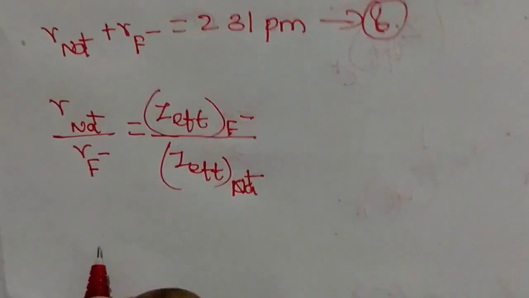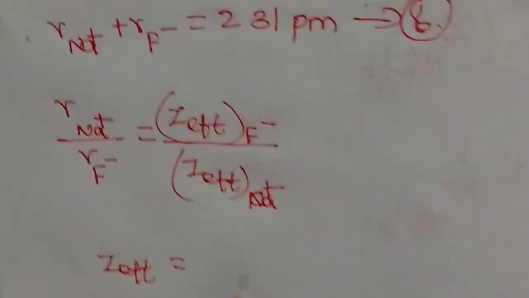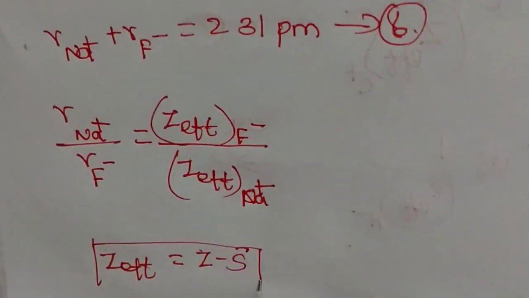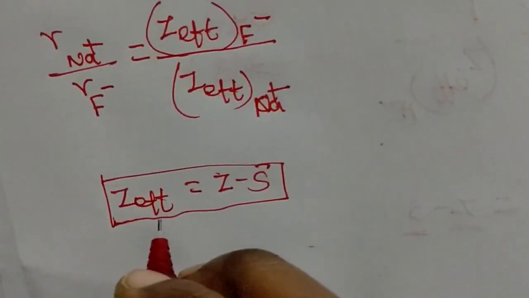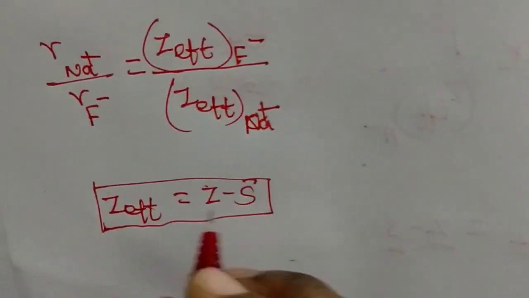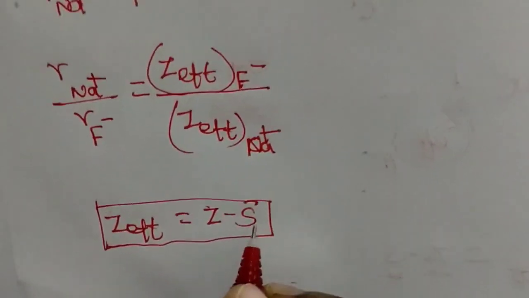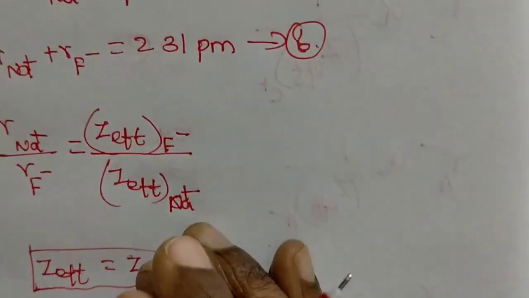Okay. Then write the effective nuclear charge equation. To find the effective nuclear charge, Z minus S. This is the equation for finding the effective nuclear charge. Z is the atomic number and S is the screening constant. The screening constant is already given for sodium and fluorine.